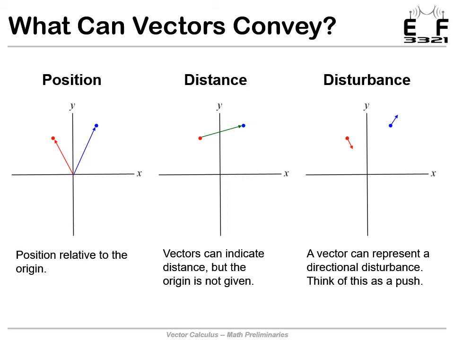So in this case, we're using vectors to describe some kind of disturbance which has a push in a particular direction and also a strength to that push. So if we think of these three things, while they're all vectors and mathematically just looking at them, we really can't say anything else about them, they can convey different things at different times. But these are the big three in this class: position, distance, and disturbance.